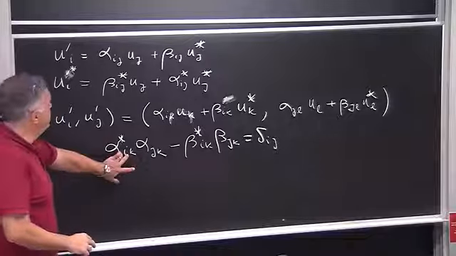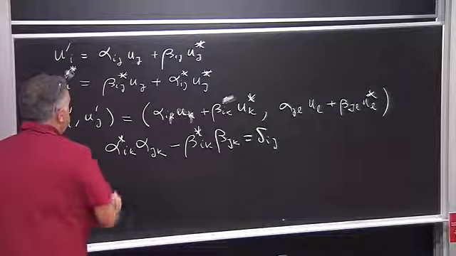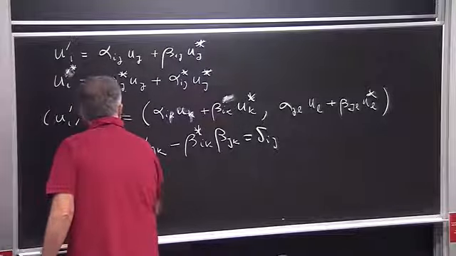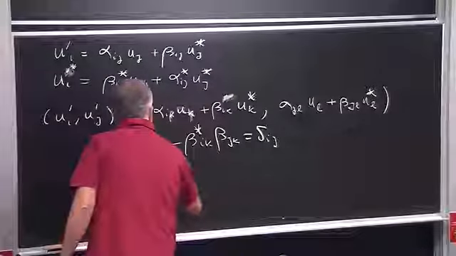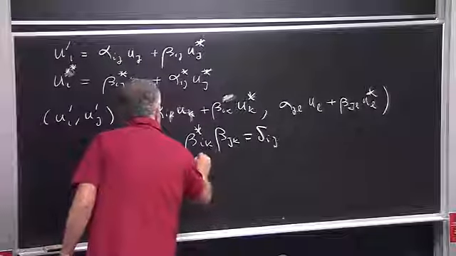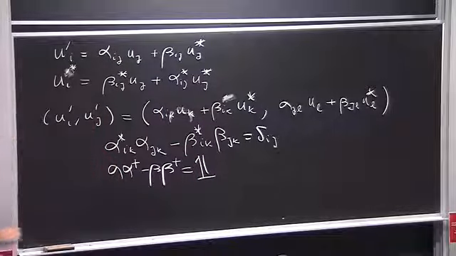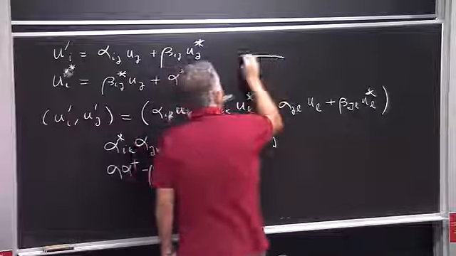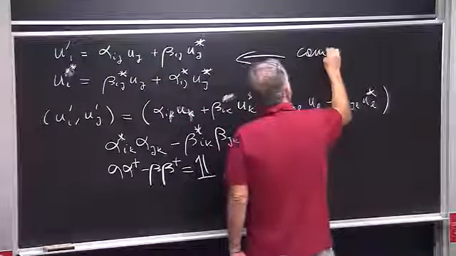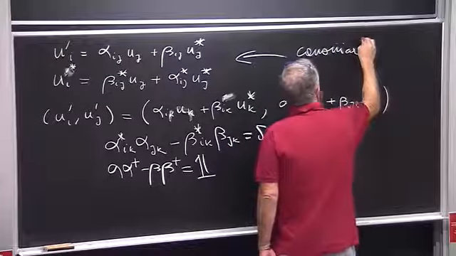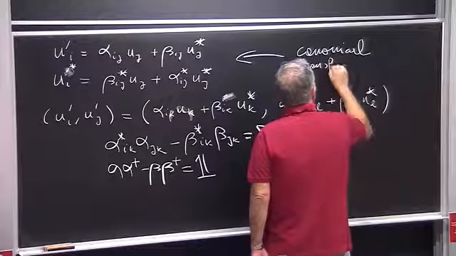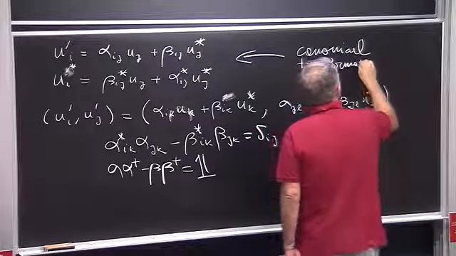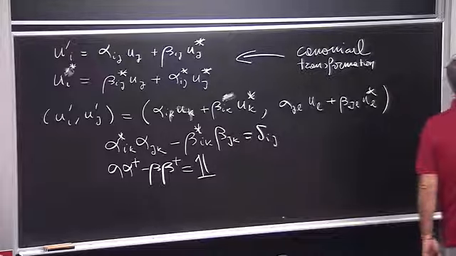So if I transpose this matrix, this is alpha dagger minus beta dagger equal to the identity. This is a first condition for the canonicity of this transformation. So let me summarize the property here.